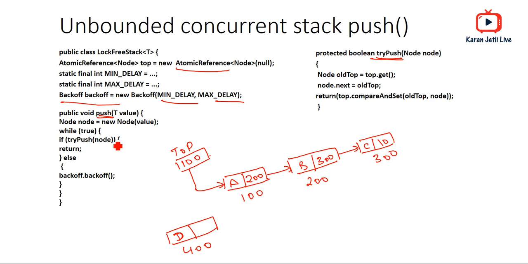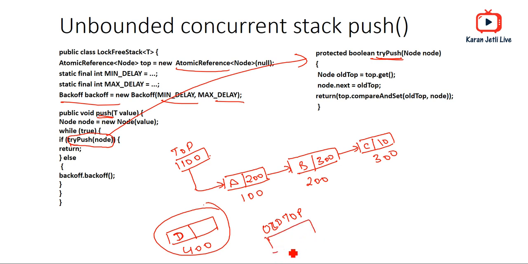If try push node, so we call the method try push, and we send the node here. So what comes here is the node, this node. Then old top is equal to top dot get. So create a variable called old top.